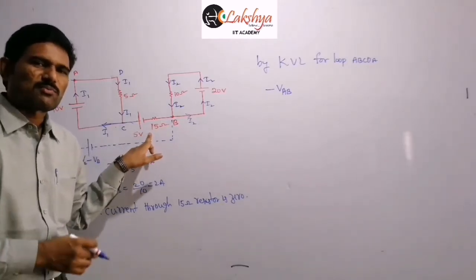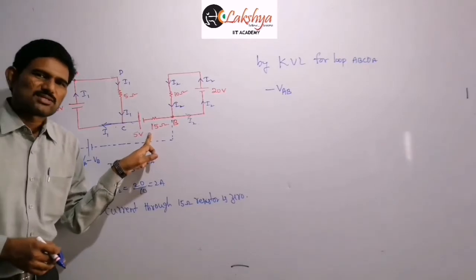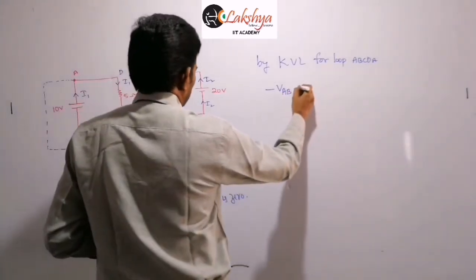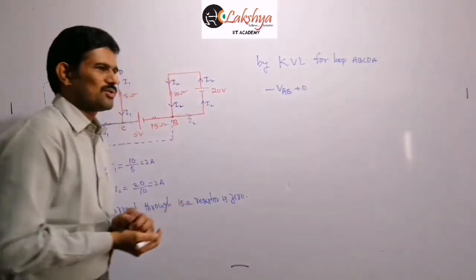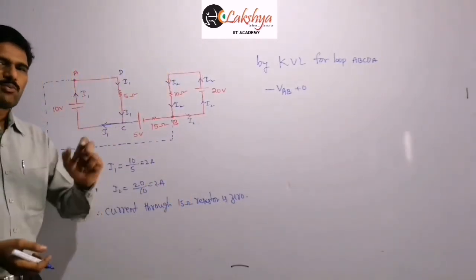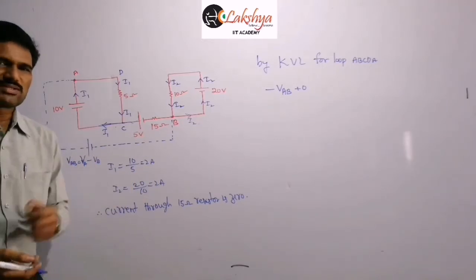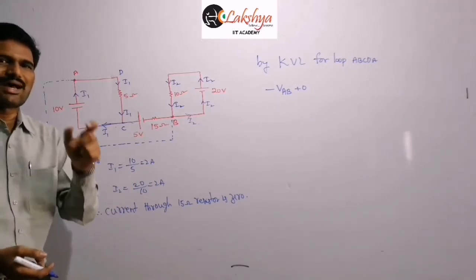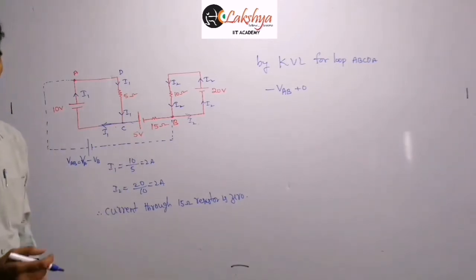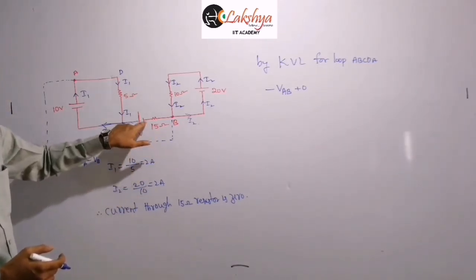Then can you say what is the potential difference across this 15 ohm resistor? The potential difference across the 15 ohm resistance is 0, right? Because no current is there. Across a resistance, a potential difference will be there only when current is flowing through it. The potential difference across the resistance is always given by IR. When I is 0, automatically the potential difference across that resistance will be 0.